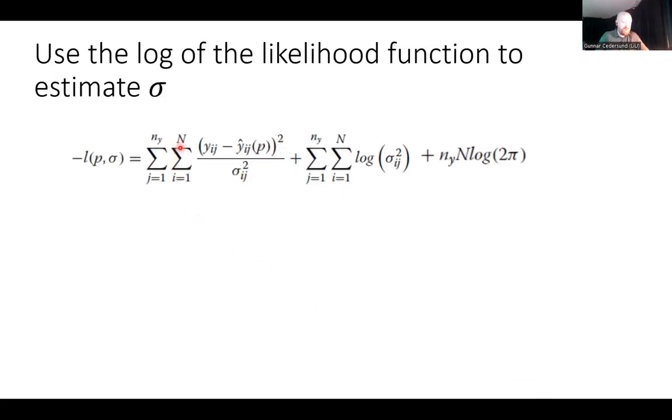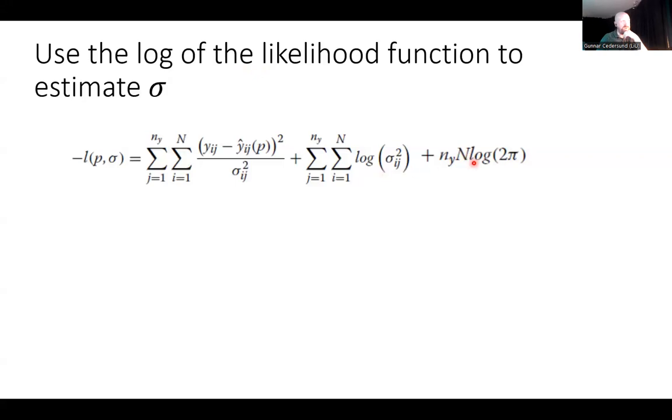And typically, you do that by maximizing the likelihood function, or easier, the logarithm of the likelihood function. If you take the logarithm of the likelihood function, then these products will become additions, so they get different terms.